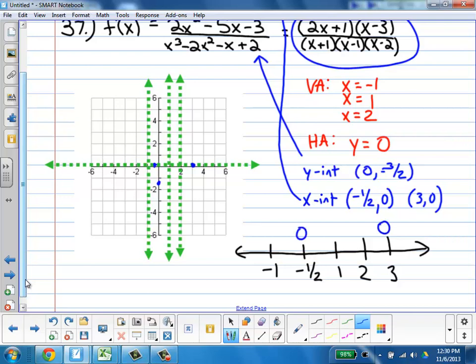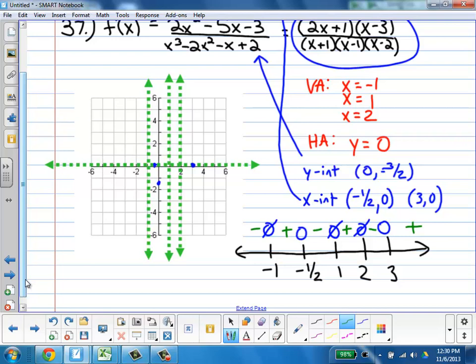At the other 3, you have vertical asymptotes, so the function's undefined. Every single one of these factors has multiplicity 1, so I know that the signs are going to change positive to negative on each one. You can test some points as well if you like, but I know it's going to alternate positive, negative.